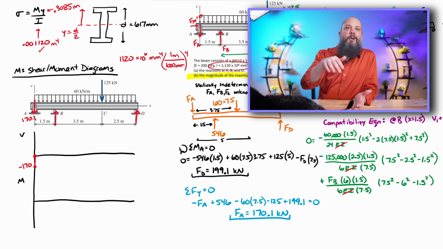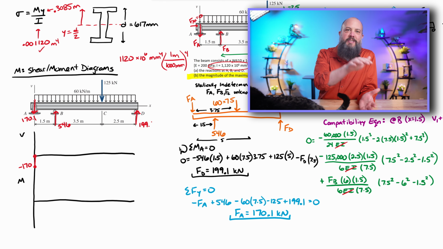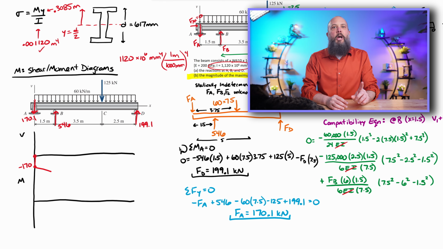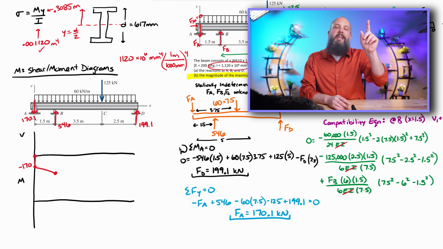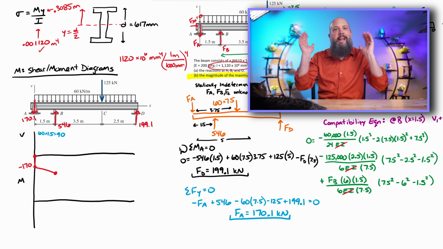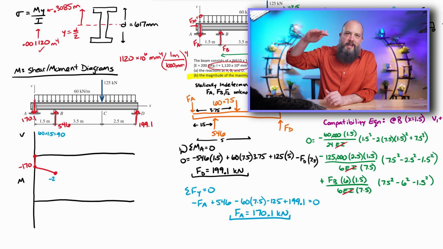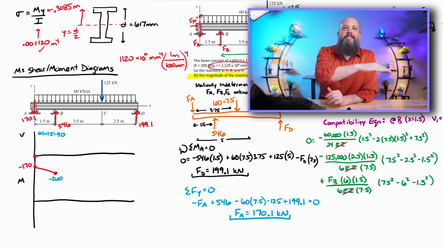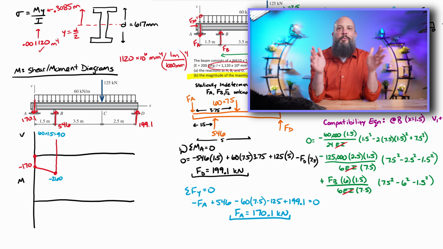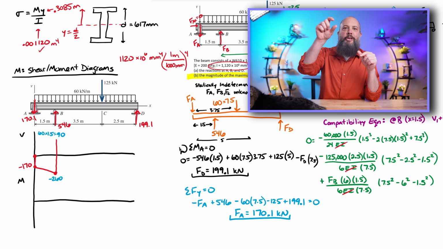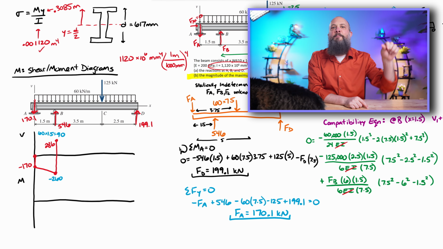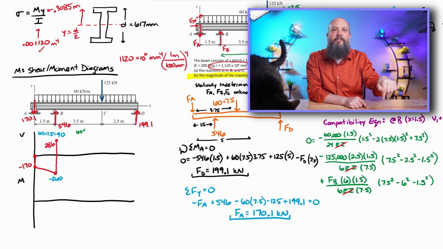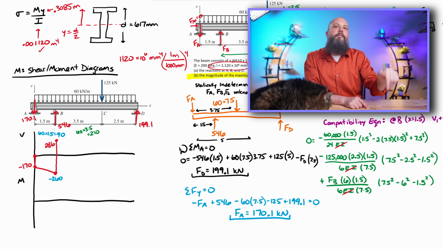That gets us from 170 to 260. But then I've got an upward force of 546 at B, so straight up to 286. Sloping downwards again at 60, over this middle distance of 3.5, we go down 210, which takes us to 76. Straight downwards 125 gets us to negative 49.